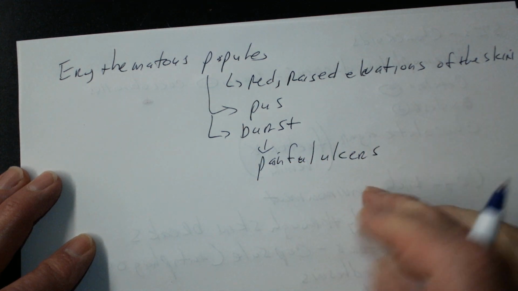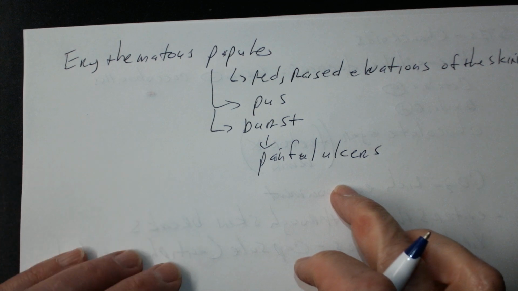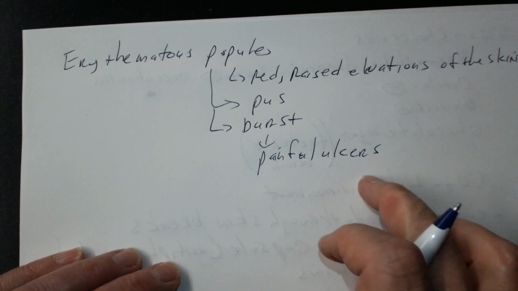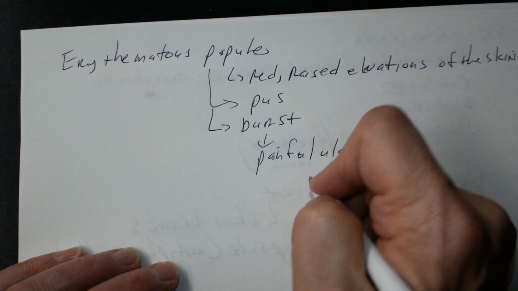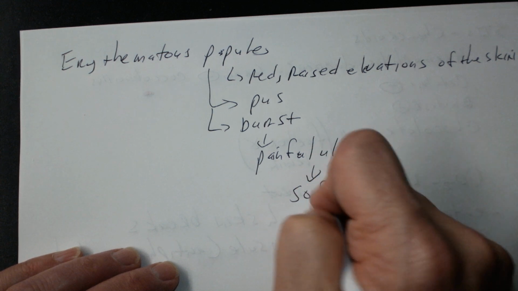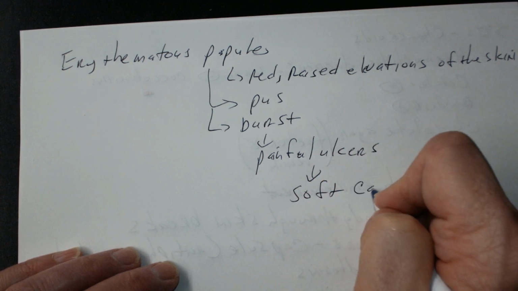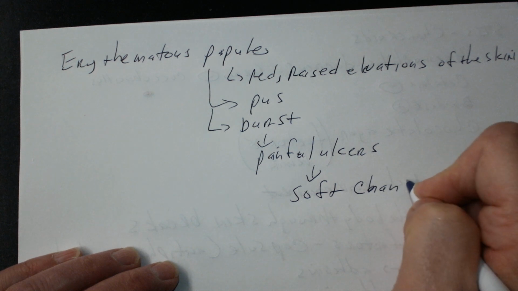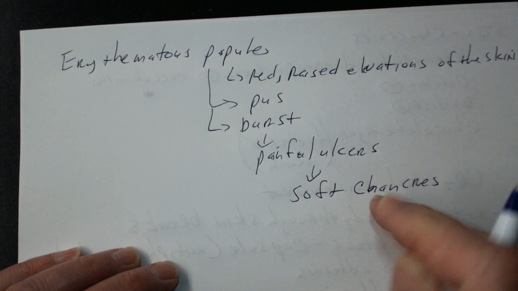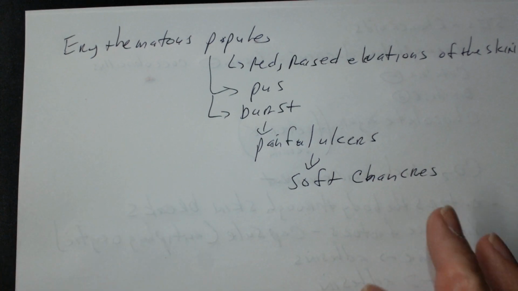So these are very different than what you see with syphilis. You get soft, irregular margins, and they are called soft chancres. Hence the term chancroids.